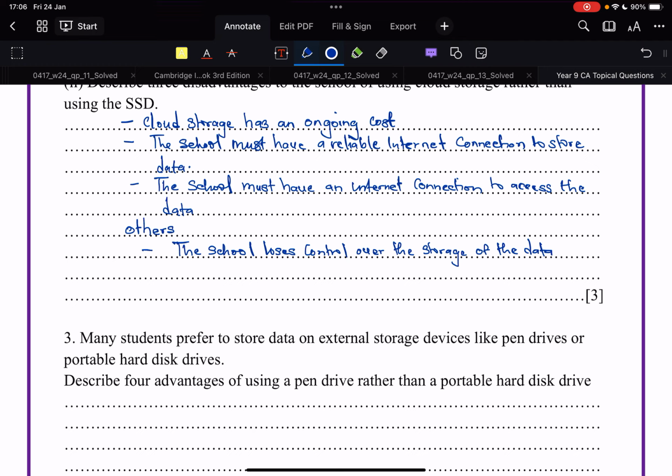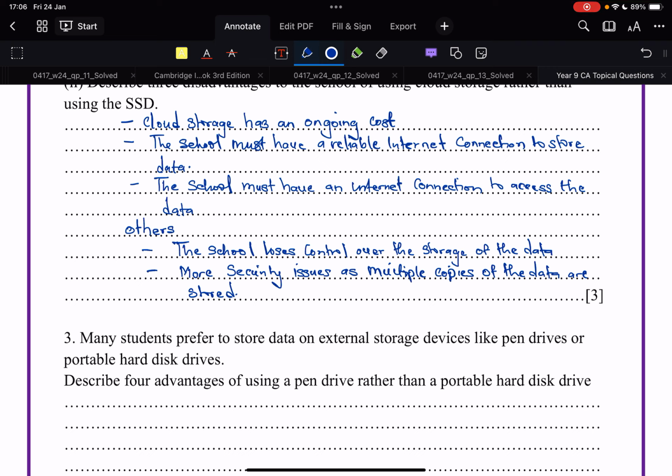Okay. Another issue that comes with losing control is more security issues, as multiple copies of the data are stored.